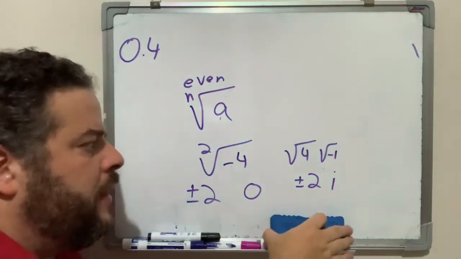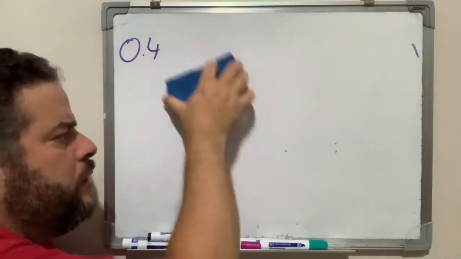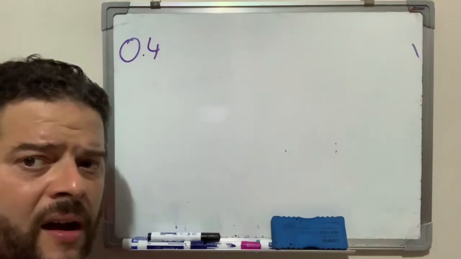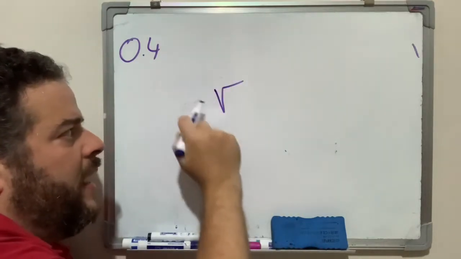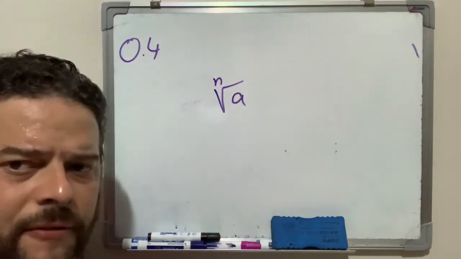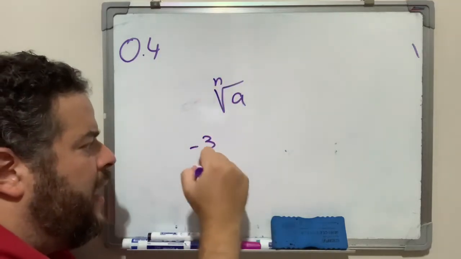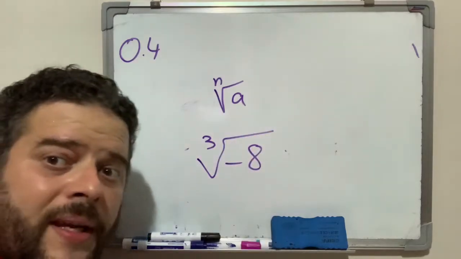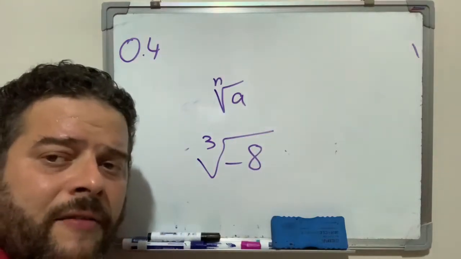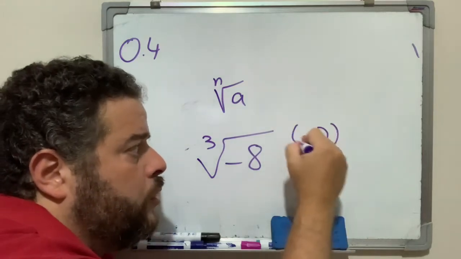Same thing applies here. Now note, when n is odd, it's different. Say, for example, I have the cubic root of negative 8. We can actually reach the cubic root of negative 8. It's negative 2 cubed.